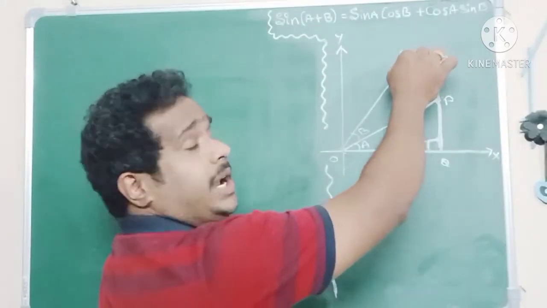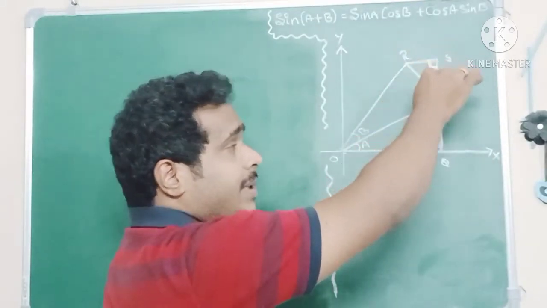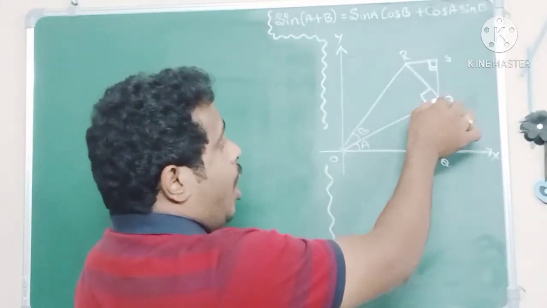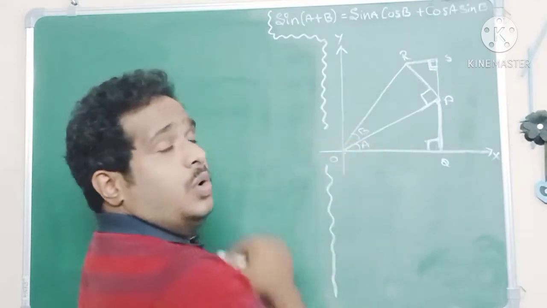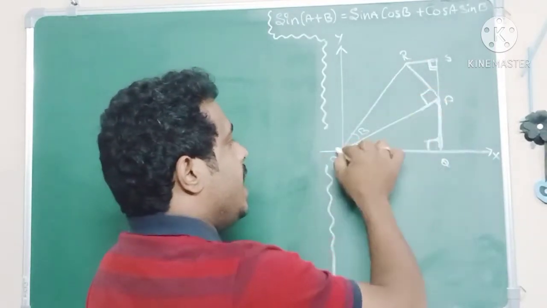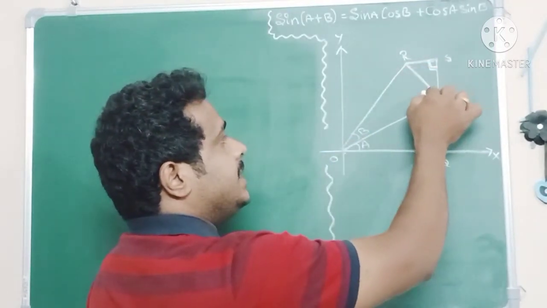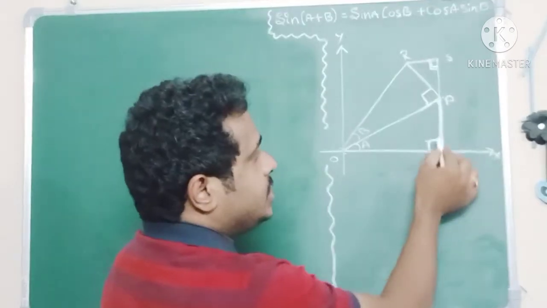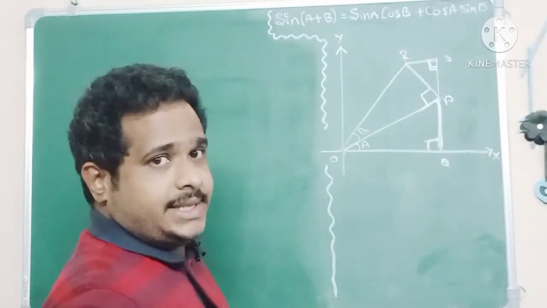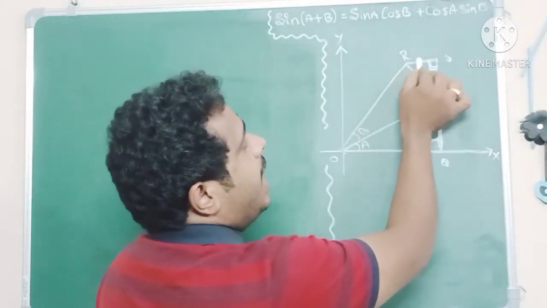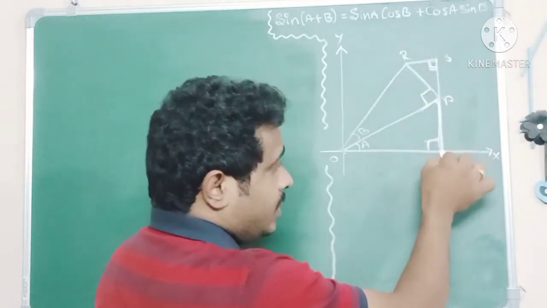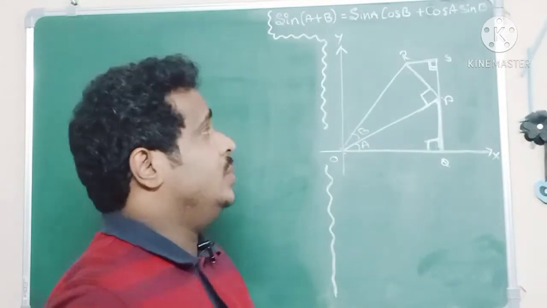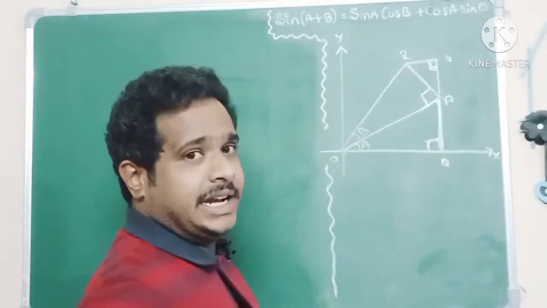Again from point R, draw one more perpendicular on OP and join OR, where angle OPR is 90 degrees. Produce QP to S and join RS, where RS is perpendicular to SQ or QS, meaning here the angle is 90 degrees.